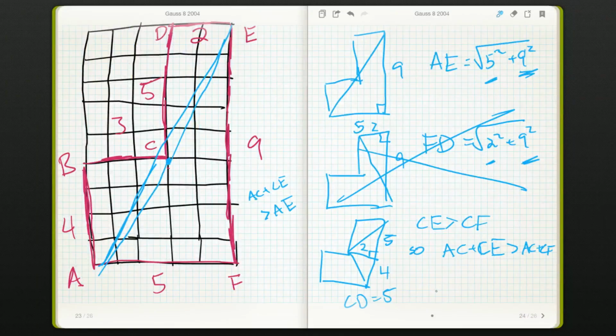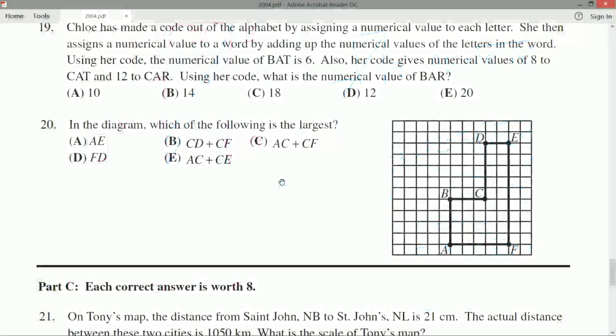AC is 5 squared plus 4 squared, square rooted, and then CE is going to be 5 squared plus 2 squared, all square rooted, just by forming the right angle triangles. And then CF we need as well.